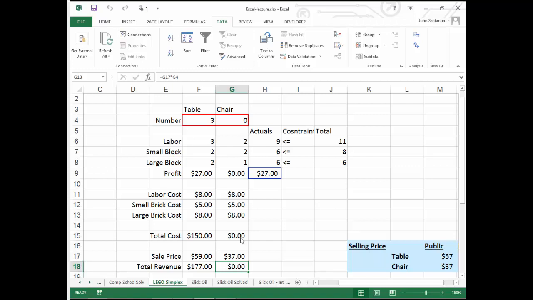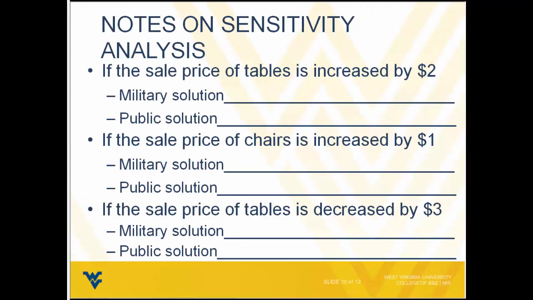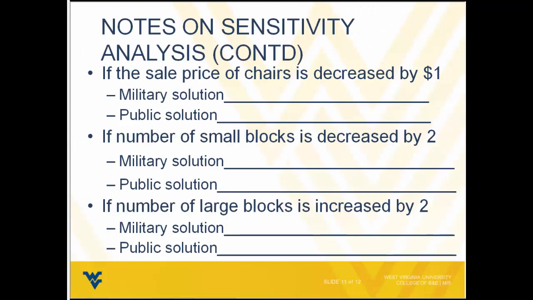So unfortunately, when you have integer problems or binary problems, you have to go in and do this by hand. I've also given you some examples where the number of small blocks is decreased by 2 and the number of large blocks is increased by 2.